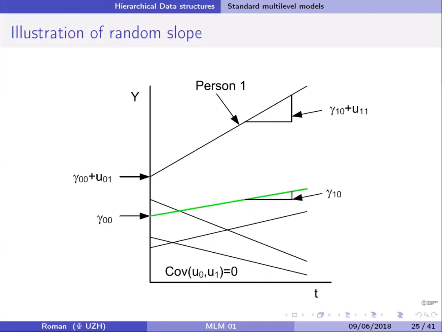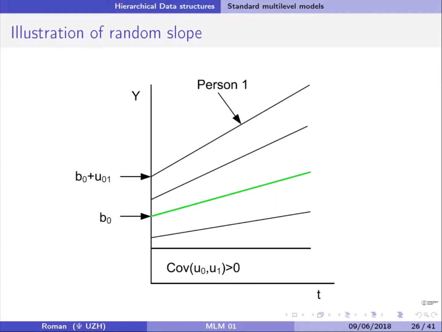We also have this term that we include, which is the covariance, or the correlation, between the random intercept and the random slope. In this case, it's 0. And I'll show you what it looks like when it's positive. So when it's positive, what we are learning here is that as the intercept gets higher, the slope increases.